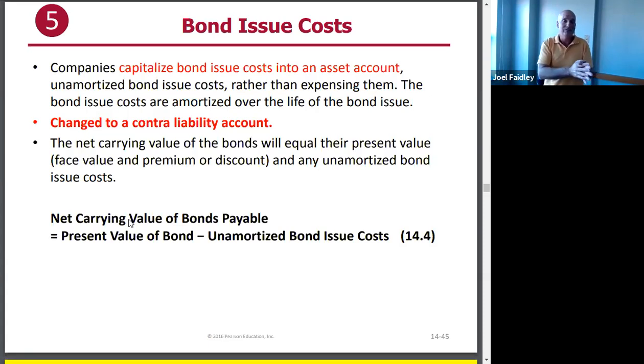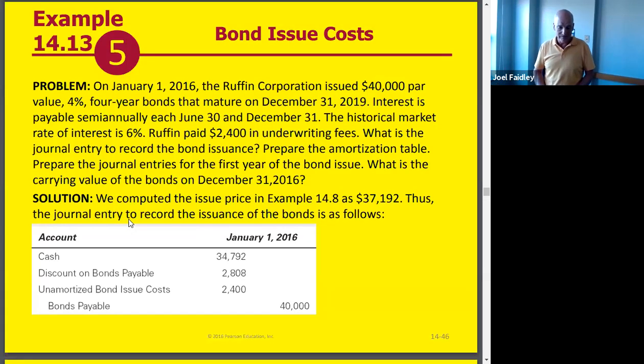Now, the only thing that really changed is the account title, and it moved to the right side of the balance sheet, meaning as a liability, it still has a debit balance. But if it's got a debit balance as a liability, what is it doing? It's reducing your liability. So that's the only thing that changed. It's changed to a contra liability. And a contra liability just says it's got the opposite balance of what a liability has. If liabilities all have credit balances, then this has a debit balance. So you really just move the asset across the equal sign, and you're still doing the same thing. So that's just something that's changed, but I wanted to point that out.